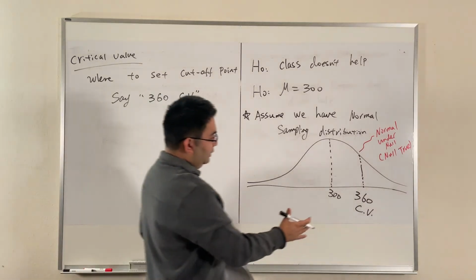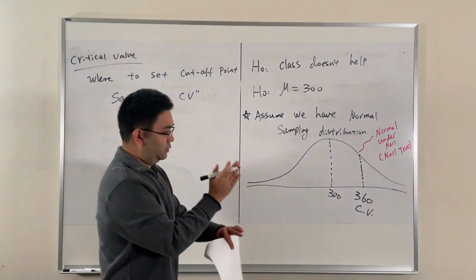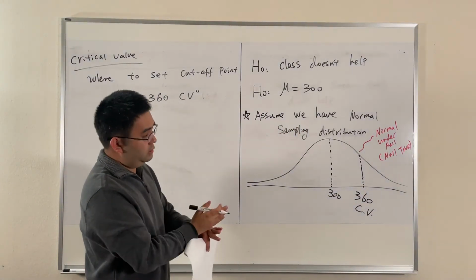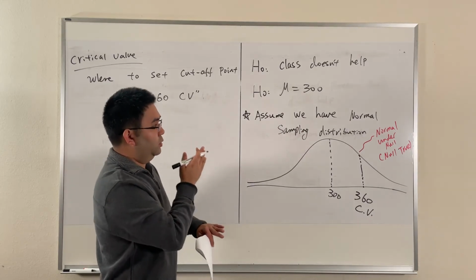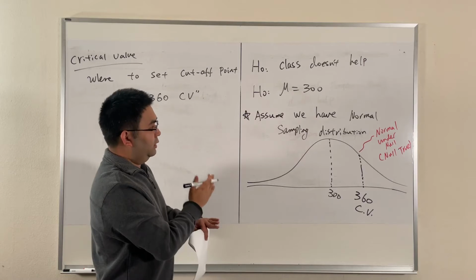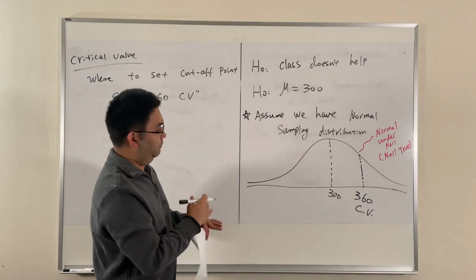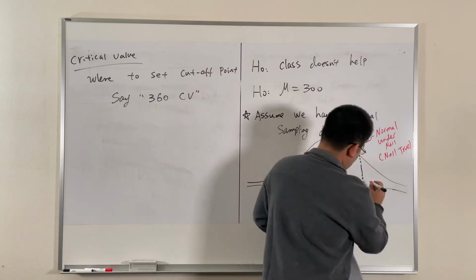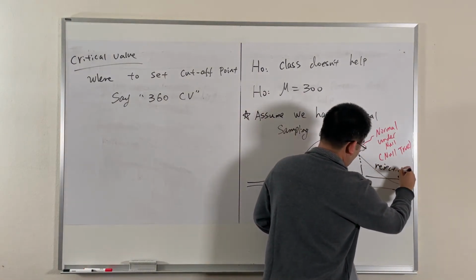So anything above 360, where the critical value or the cutoff point is set, is the rejection region, which means that you're going to reject the null and say the alternative is true, and here the alternative is that mice class is helpful. Okay, so this is our rejection region.